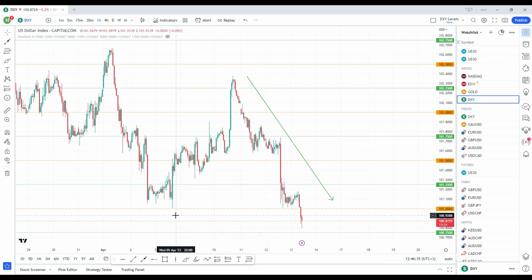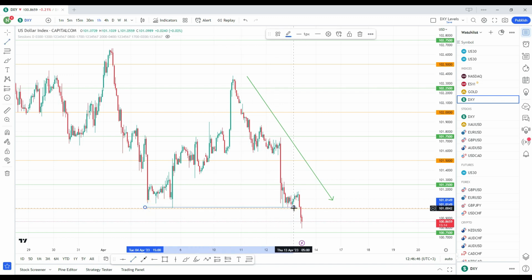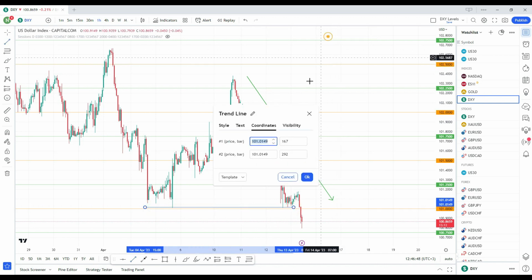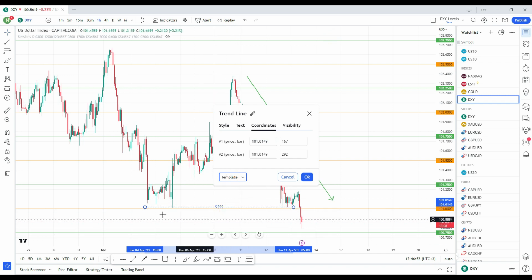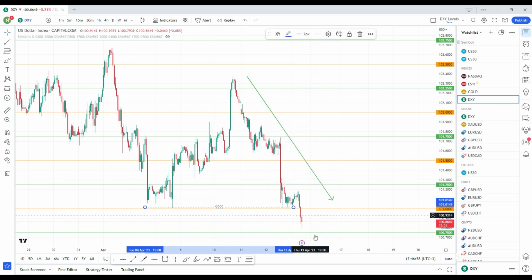So far the dollar index has taken liquidity. This is a liquidity zone where there were most probably stop losses. So this was a liquidity zone that has been taken out, and there's a high chance that the dollar index would be reversing.